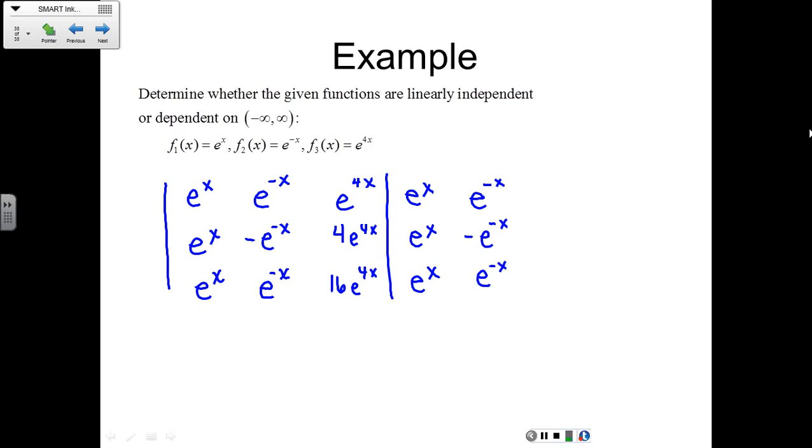Guys, when you multiply like bases, what do you do with the powers? Add the powers together. So that gives me negative 16 e to the what? 4x? On the first one. On this one, those cancel out and give me just 4e to the 4x. And on this one, those cancel out, leave it plus e to the 4x.